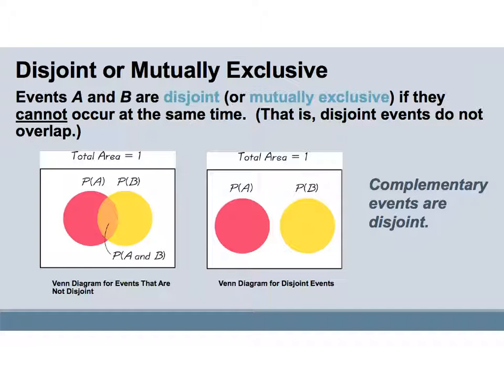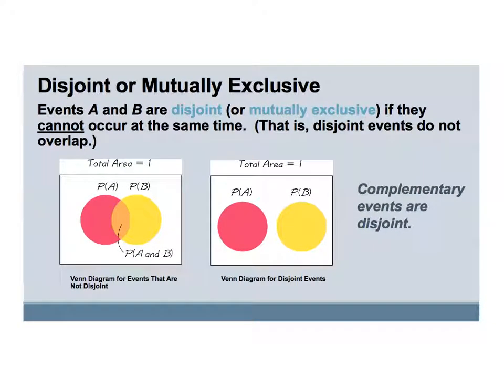For the first rule, the addition rule, we have to first think about, are things disjoint or mutually exclusive? Because if they're disjoint, I find my probability one way, and if they're not, I find it a different way. Disjoint and mutually exclusive mean the same thing.